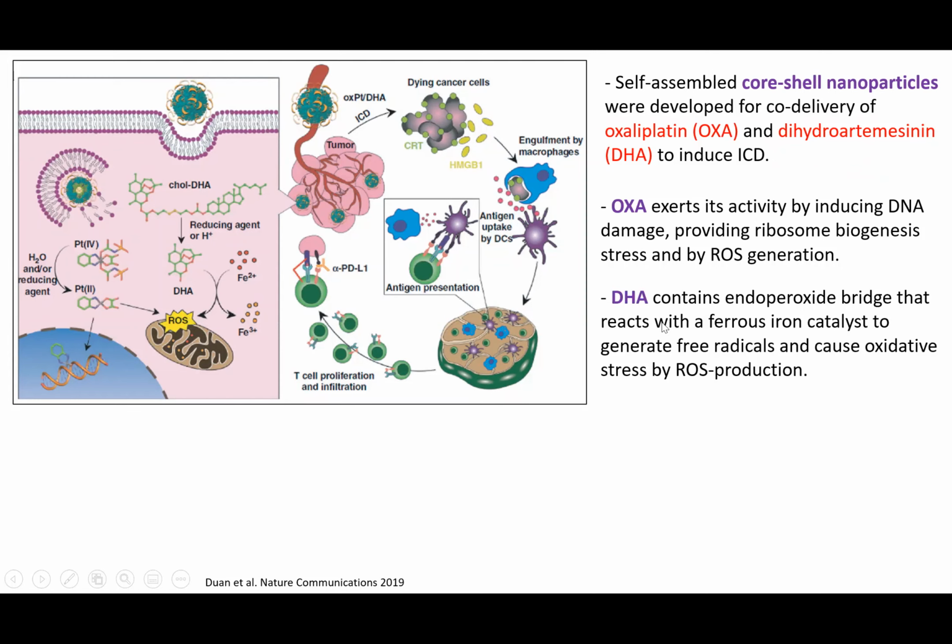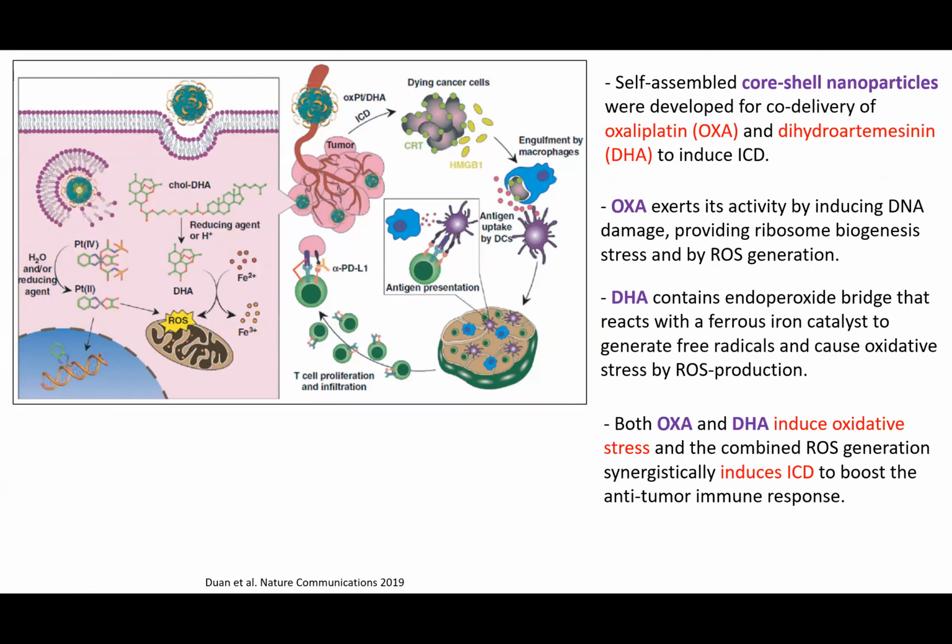Dihydroartemisinin usually contains an endoperoxide moiety. This endoperoxide moiety reacts with ferrous iron to generate reactive oxygen species and induce oxidative stress to the endoplasmic reticulum. And this will synergistically with oxaliplatin enhance the efficacy of immunogenic cell death and promote the infiltration of T cells into the tumor.